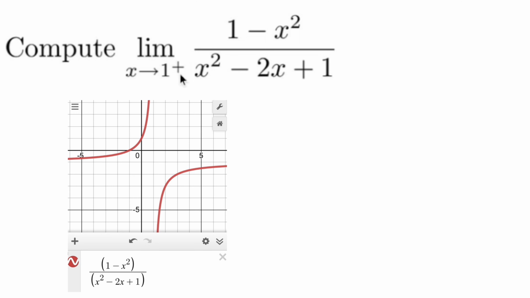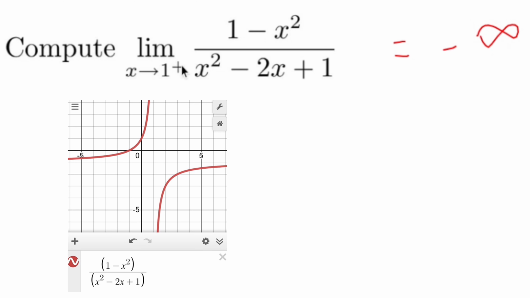But what this plus sign is saying is, where is my limit headed as it approaches 1 from the right side? As you can see from the picture, once I hit 1, it dips down to negative infinity and keeps going to negative infinity, which would make my answer negative infinity.